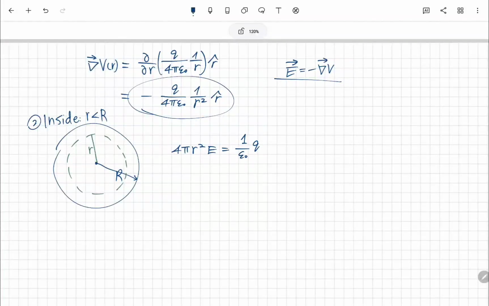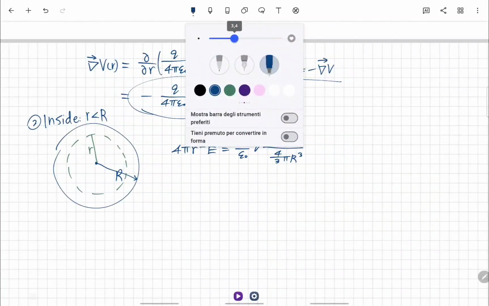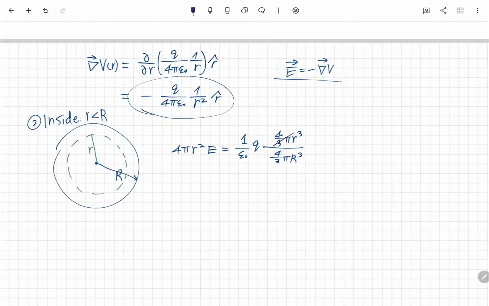So Q times the volume of a sphere, which is 4 over 3 pi r to the third, over the same for our big R. And here things cancel out pretty fast, right? And also here.